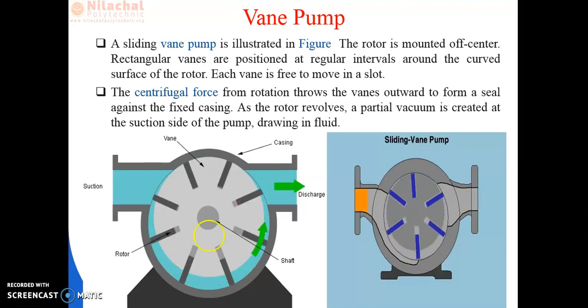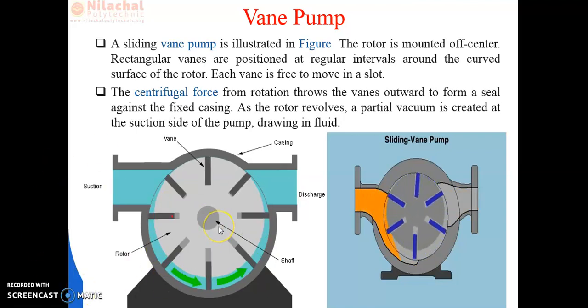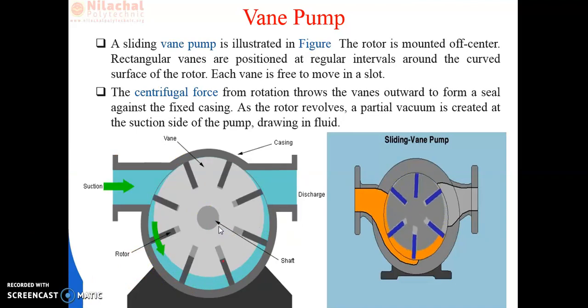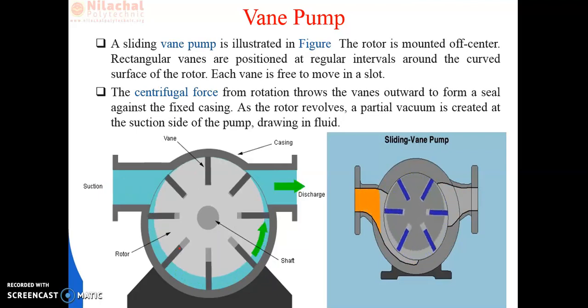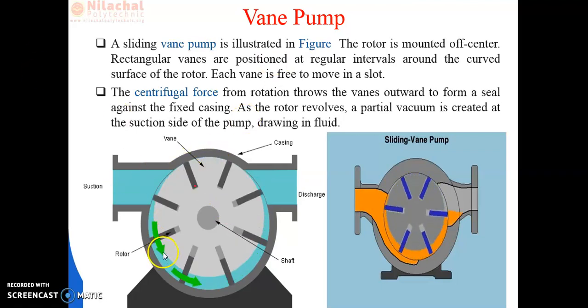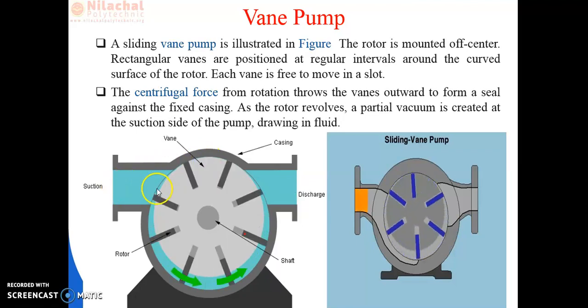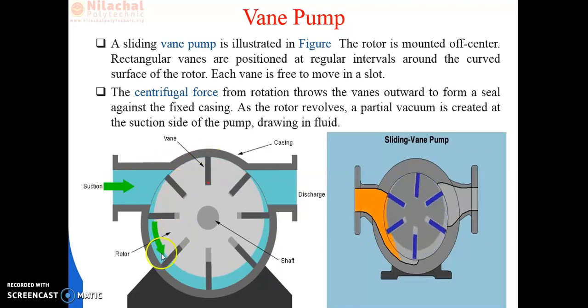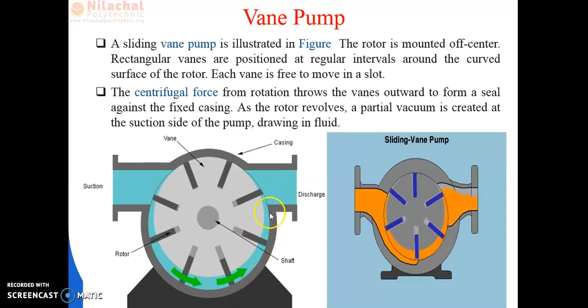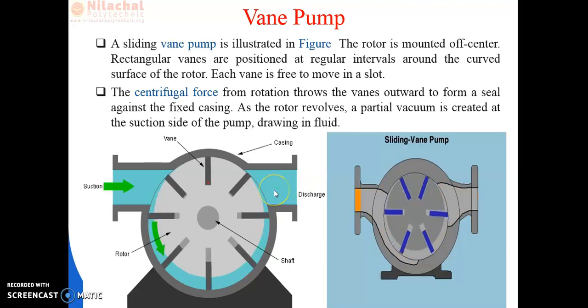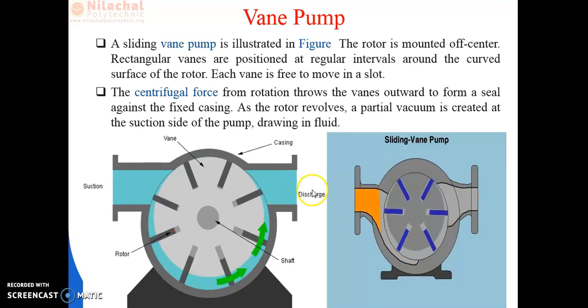So by mounting the shaft eccentrically inside the casing, we increase the pressure of the oil before it is moved to the delivery end. This is the smaller area and this is the bigger area. So the oil from the inlet gradually increases its area and thereby its pressure, and that high pressurized liquid is discharged at the outlet.